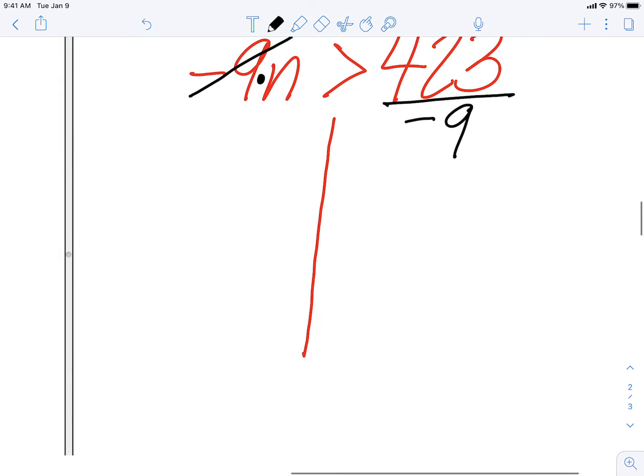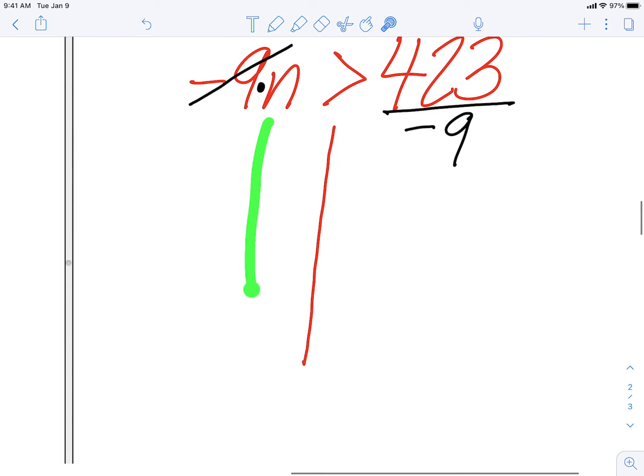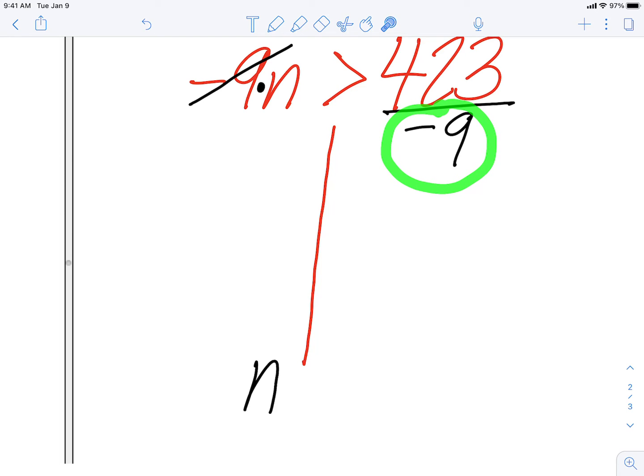So my n is going to come down. So my n comes down. Now, look, I'm dividing by a negative, right? So that means that this guy is going to flip. So I'm going to draw this guy flipped, just like that.